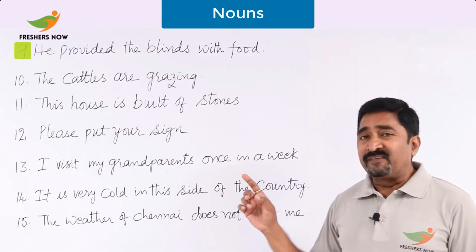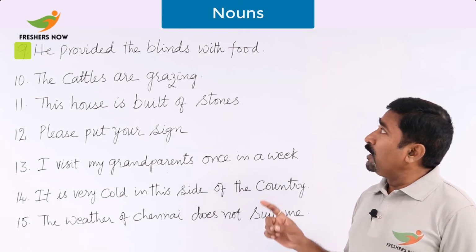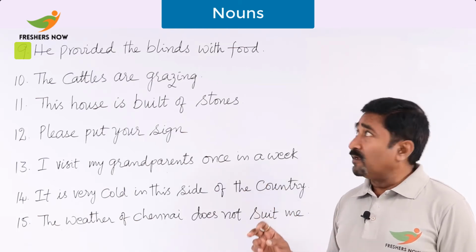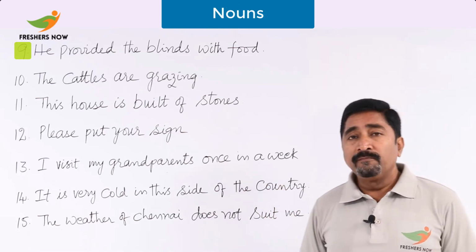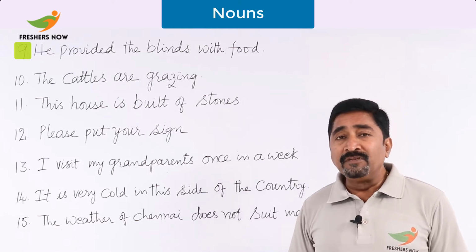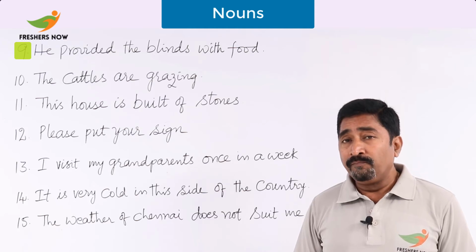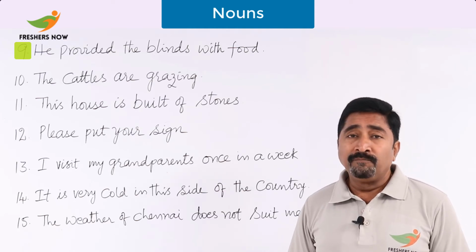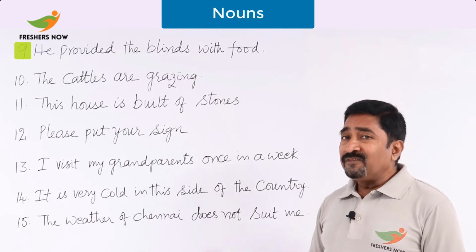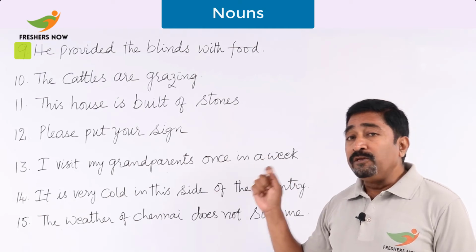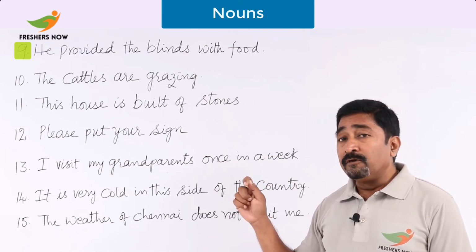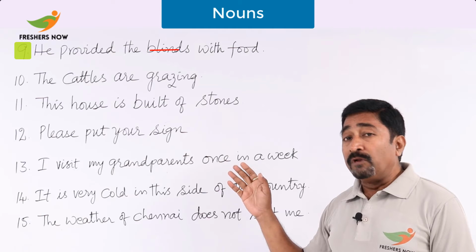Now let's see the next sentence. He provided the blinds with food. Now here you can understand an adjective used as a noun, that is blind. Here the use of the article the itself refers to the plural.